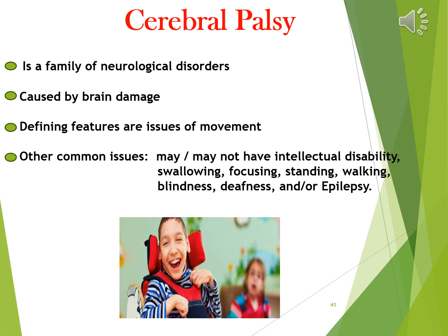The individual may have intellectual disability, or I did have a student with cerebral palsy who did obviously fine. They can have trouble swallowing, which can make it very difficult. They might need a port for their stomach if it's severe enough. It can also involve sensory systems such as visual impairment to full blindness, hearing impairment to full deafness, and epilepsy is not particularly uncommon in this group of individuals.